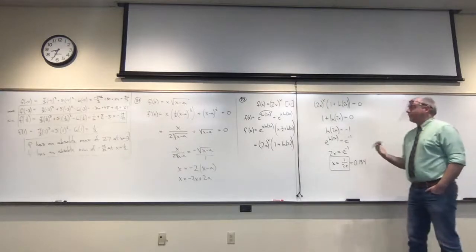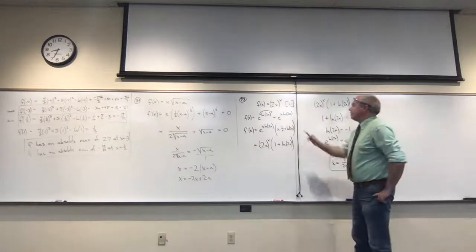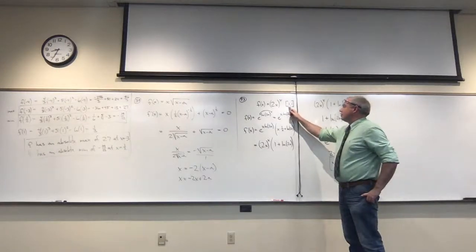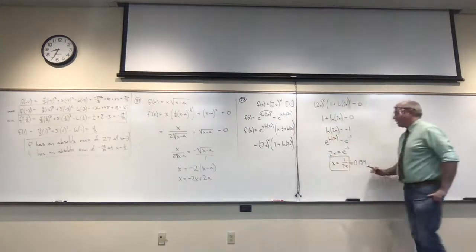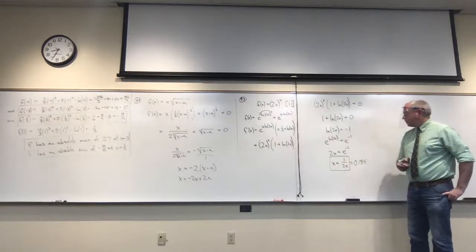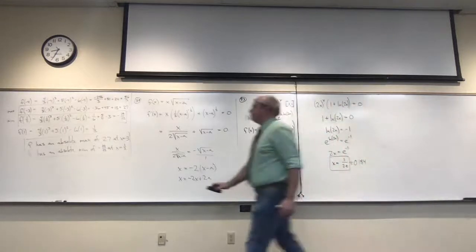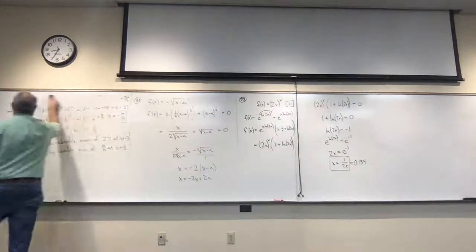Okay, so now if I want to find the absolute max and the absolute min, I need to plug the endpoints into the original function, and I need to plug any critical values into the original function. My only critical value in this case is 1 over 2e. So, back over here.